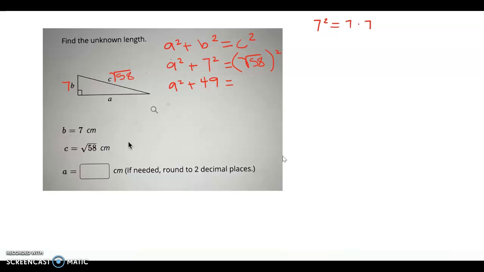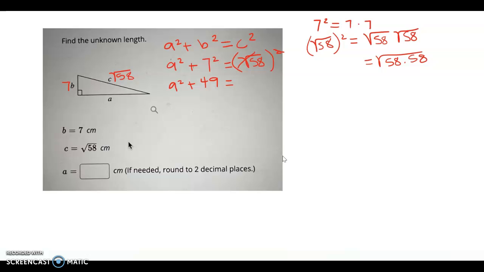Now this one you can do in your calculator, but anytime you have a square root of a number squared, the square root and the squared cancel each other out. The reason for this is if you have the square root of 58 squared, it's like we have the square root of 58 times the square root of 58, which equals, when we multiply those on the inside, the square root of 58 times 58.